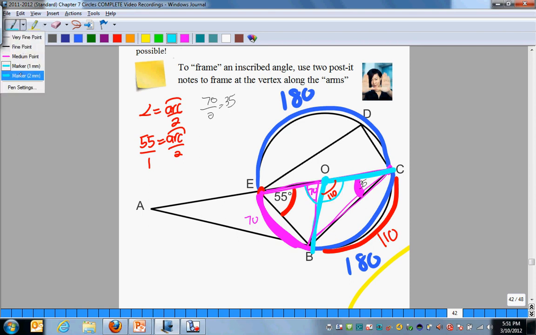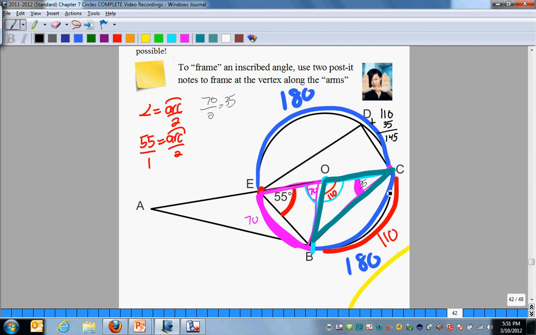And then we have here triangles. So we can add 110 plus 35. Of course, that's 145.